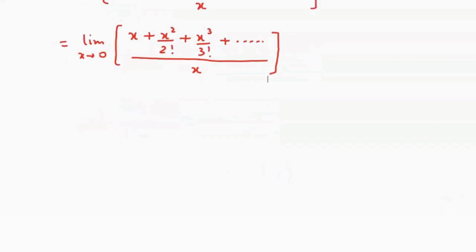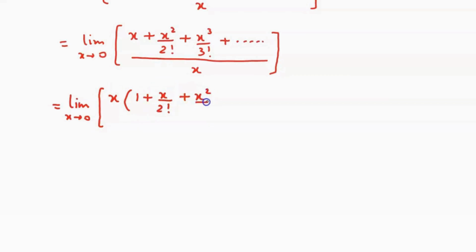Now if you observe, we could take x as the common factor in the numerator. So taking x as the common factor in the numerator, we obtain the limit as x approaches 0. Taking x common, we have 1 plus x by 2 factorial plus x square by 3 factorial and so on, divided by x.